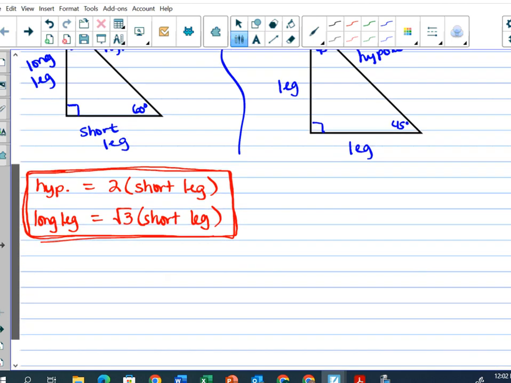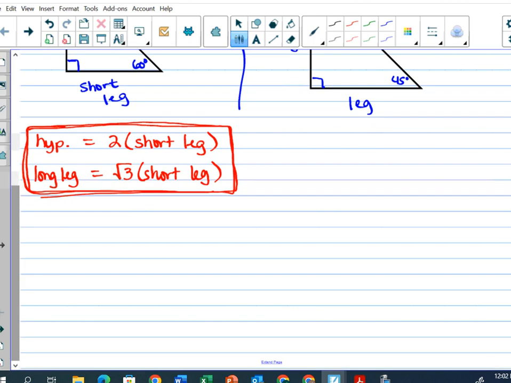So those are your main ones, kind of secondary equations if you need to solve for the short leg. In that first one, hypotenuse equals 2 times the short leg. How do I get the short leg alone? How would I solve that equation? Yeah, divide by 2. So another way you can look at it is that hypotenuse divided by 2 is always equal to your short leg.